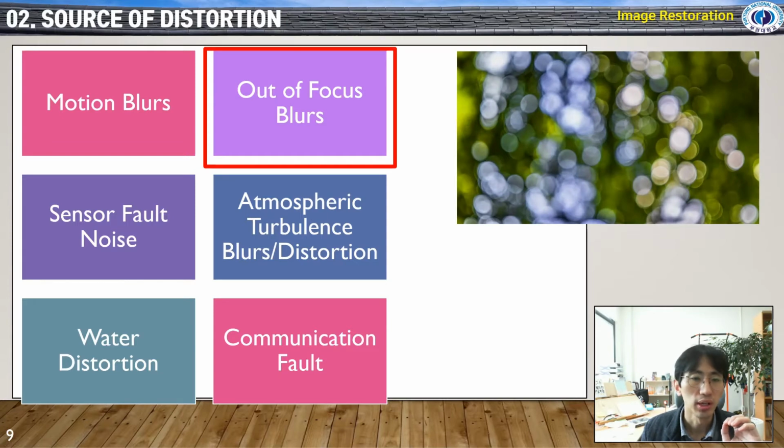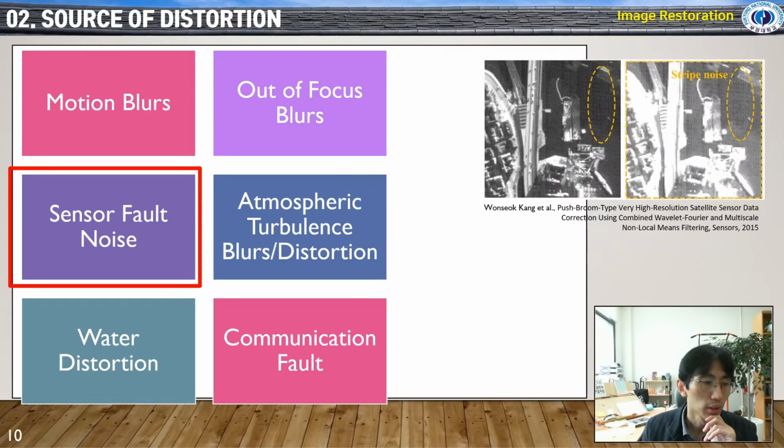Another one is out of focus blur. This is something where the photographer maybe made a mistake. If focus does not match the object when they took the photo, then the quality of the image may be lower. Another source of distortion is sensor fault.